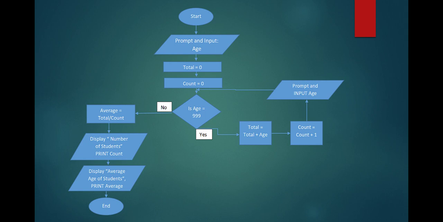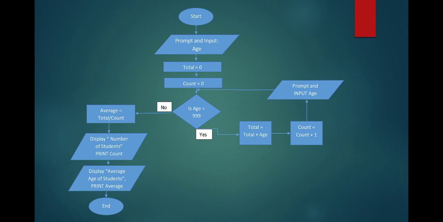the user will be prompted for age, the initial value of 0 is assigned for total and for count, and as long as age is not equal to 99, it will go ahead and execute that loop. So total will be equal to the total, which is the current amount, which is 0, plus the age that the user entered.